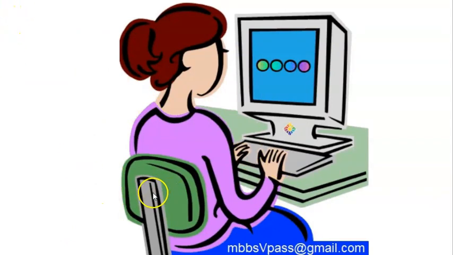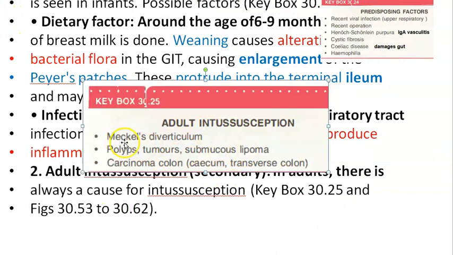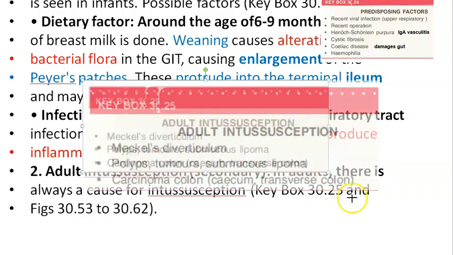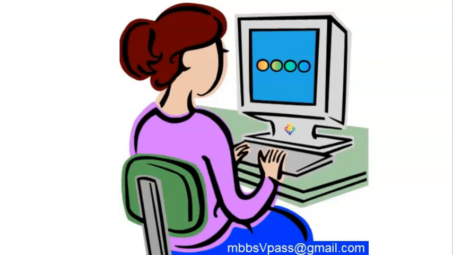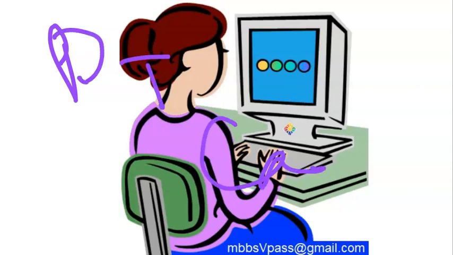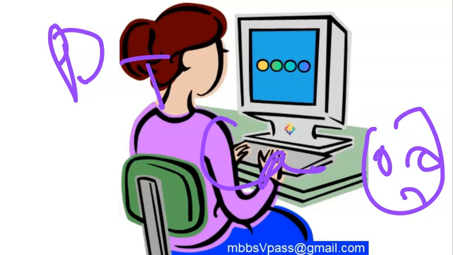So adult intussusception can happen because of Meckel's diverticulum, polyps, tumors, submucous lipoma, carcinoma of your colon. Now this got serious. If I have intussusception, it can mean that it can be because of a polyp, a tumor, carcinoma. I'm not happy at all.